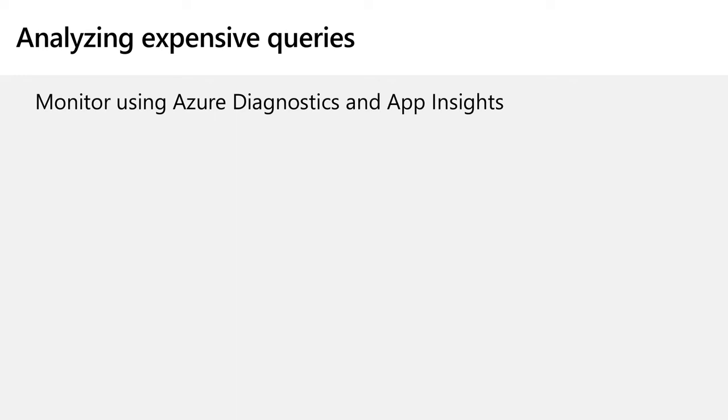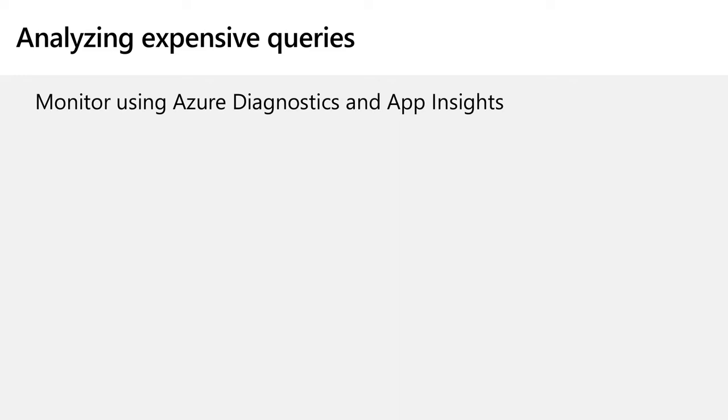But due to PII and things like that, you don't get the exact query. You get a masked query in Azure Diagnostics. If you want to see the exact queries, App Insights can give you that, because this is at the application level. You can log what sort of query you're running, and then couple that with Azure Diagnostics to see how many RUs it's consuming. Okay?